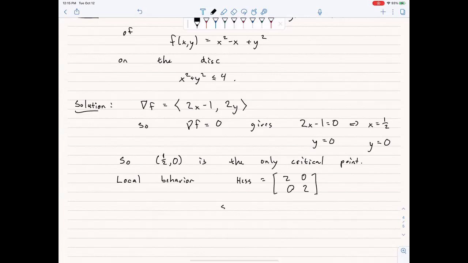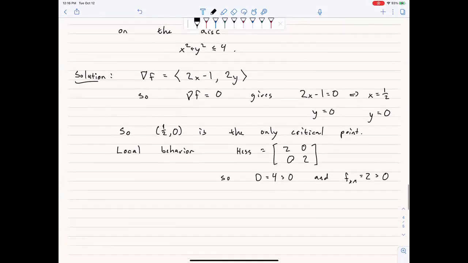And so the discriminant here is equal to 4, which is greater than 0, and fxx is equal to 2, which is also greater than 0. So we get a local min at this point. F has a local min.